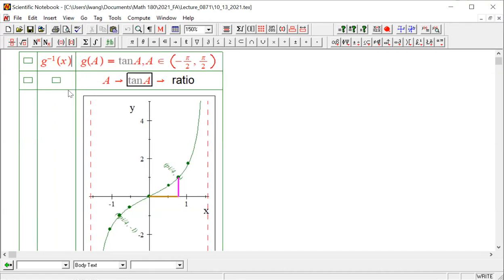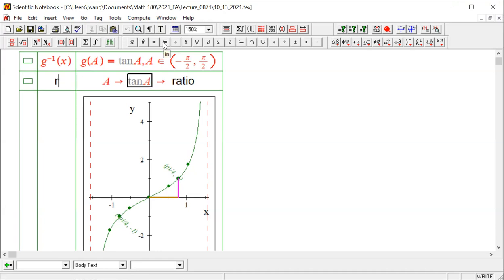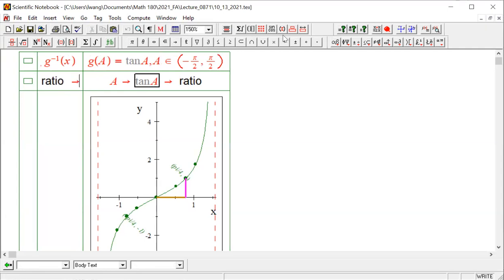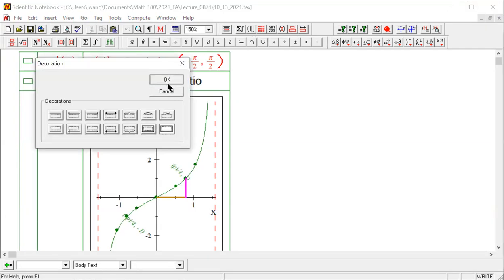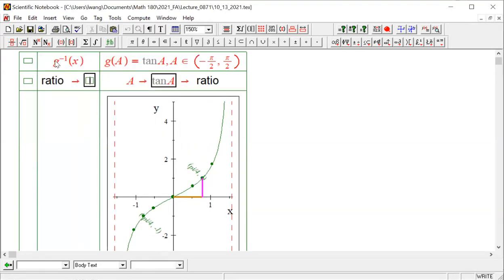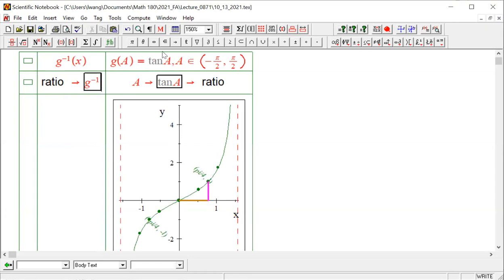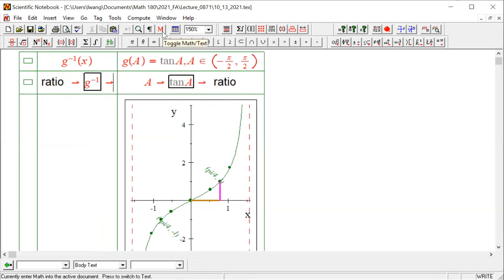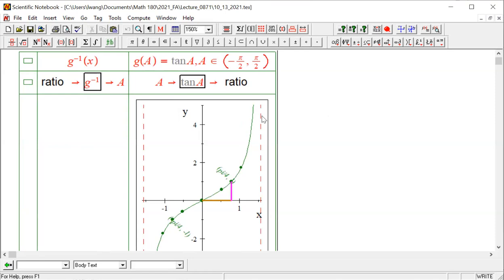We're not going to give it a name yet, but we know this function will take a ratio as input, and that g inverse is going to handle that ratio. It produces what? It produces an angle.